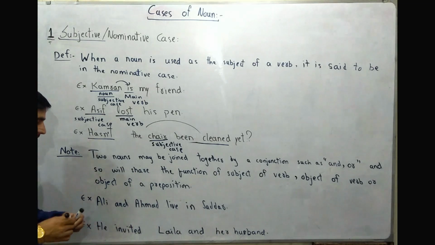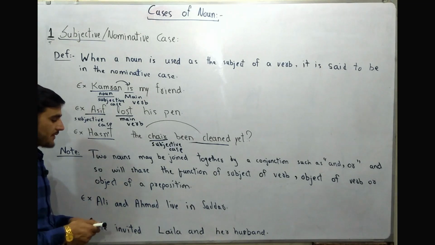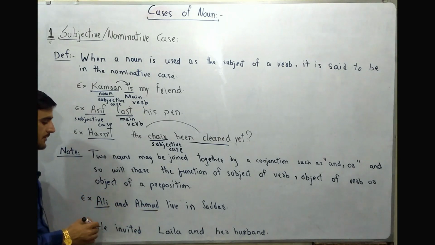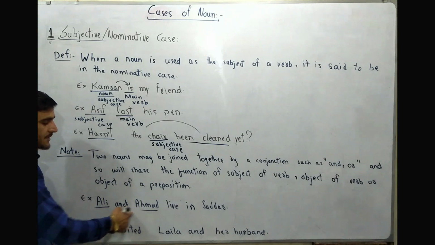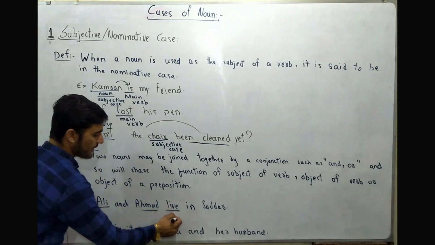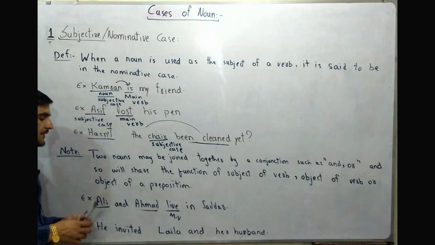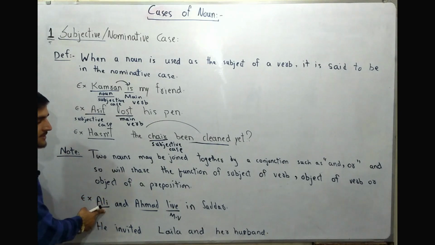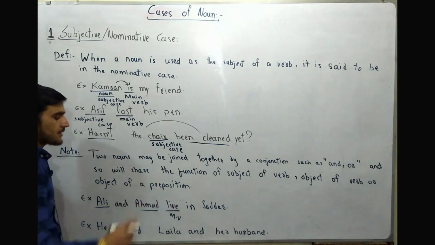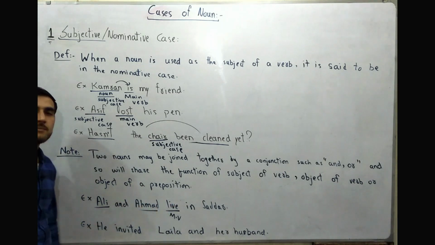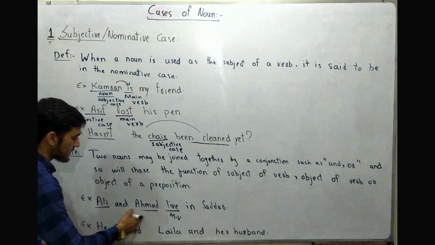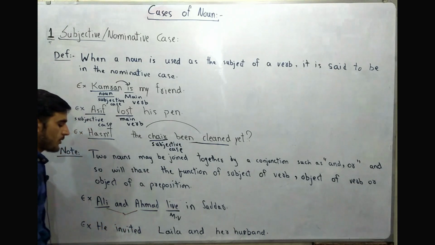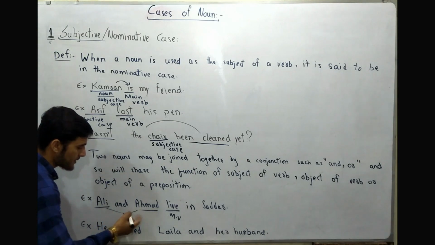Now I have given some examples. Ali and Ahmad live in Sadr. In this example, we have two nouns: Ali is one noun, Ahmad is the second noun. Live is our main verb. So you can't say that only Ali is a subject. If someone asks you, Ali and Ahmad, these both are functioning as the subject of the sentence.